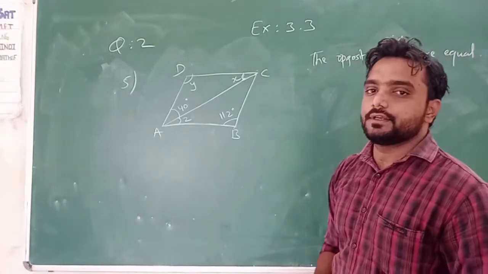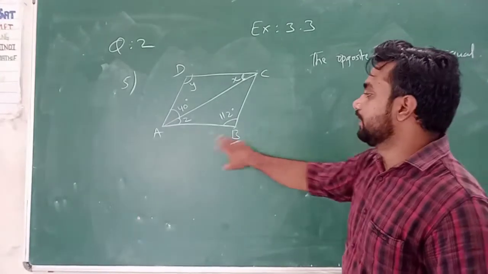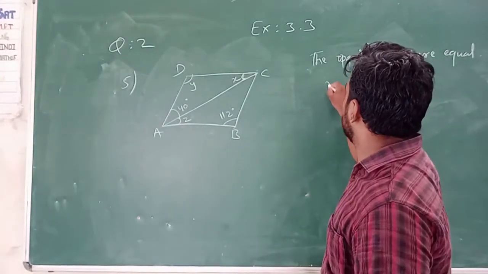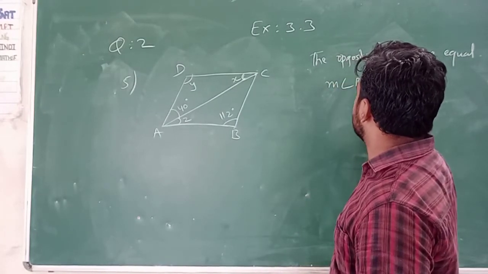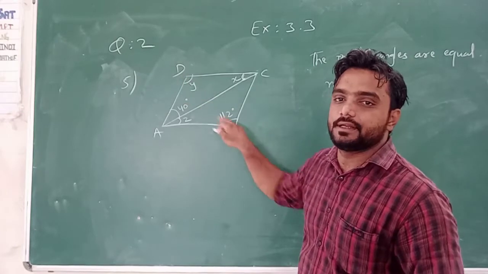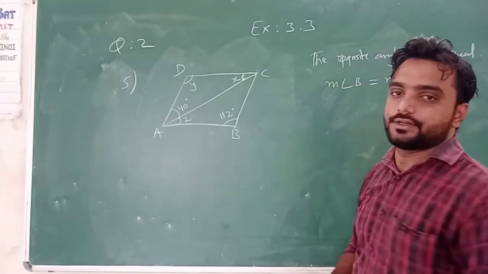So if I am using this property, according to the figure, just see the angle. Which angle? That is angle ABC, or I can write it as angle B. So measure of angle B is equal to the opposite angle. Which is the opposite angle of angle B? Understand or not?